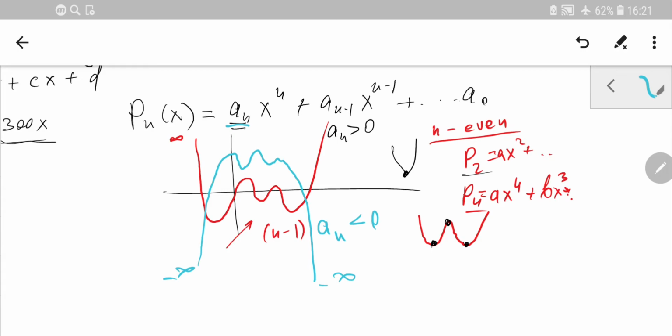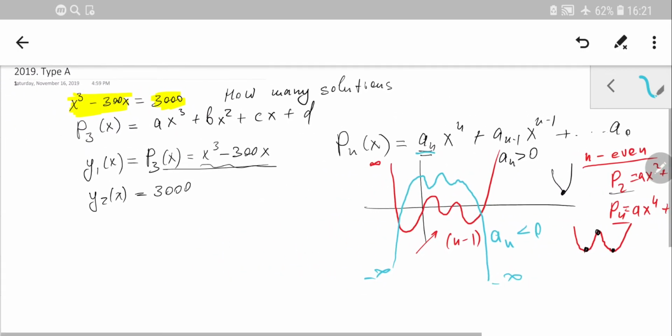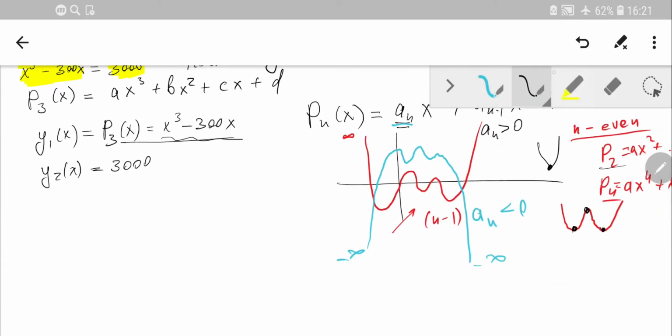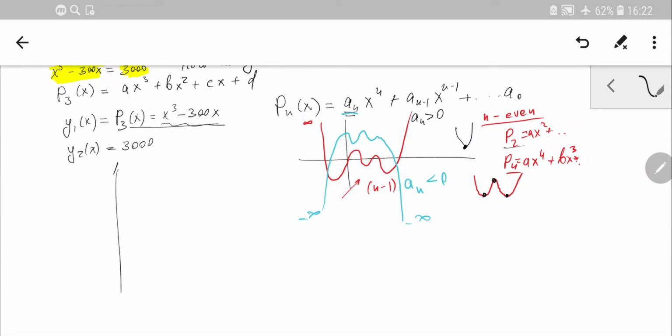But you understand the general behavior. However, in our task, we have P3. So that's why let's consider, in contrast, polynomials of power n, which is now, in this case, an odd power.